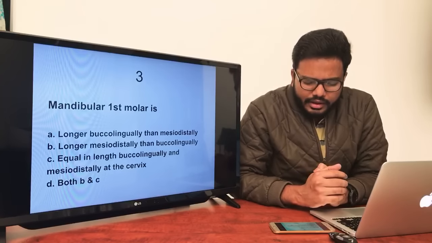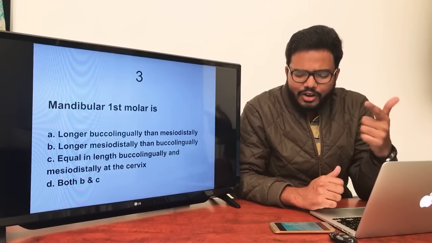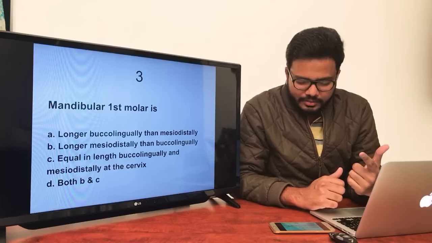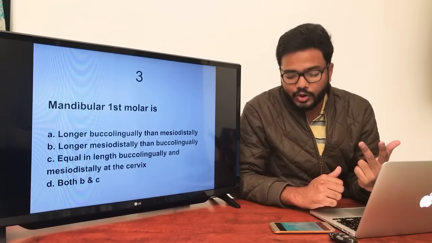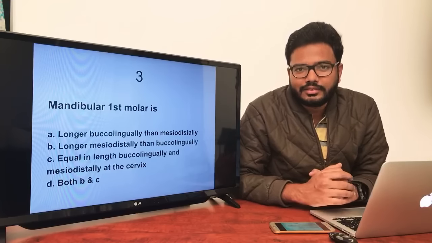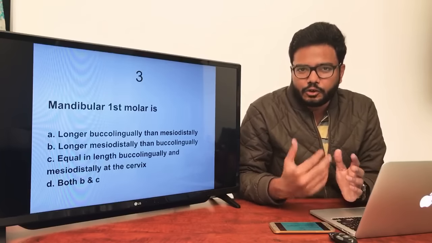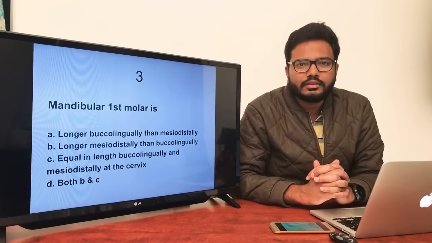Mandibular first molar is: longer buccolingually than mesodistally, longer mesodistally than buccolingually, equal in length buccolingually and mesodistally at the cervix, or both B and C. Which among the following options do you think are more appropriate and true pertaining to mandibular first molar?